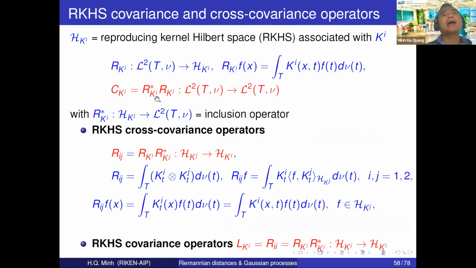We can also define the cross-covariance operator R_Ki R_Kj transpose, which maps H_Kj to H_Ki, and we can define the RKHS covariance operator L_Ki as R_Ki R_Ki transpose. These look very similar, but they map onto different spaces. Basically, we transform quantities using C_Ki, mapping from L2 to L2, into quantities using L_Ki, which map RKHSs to each other.